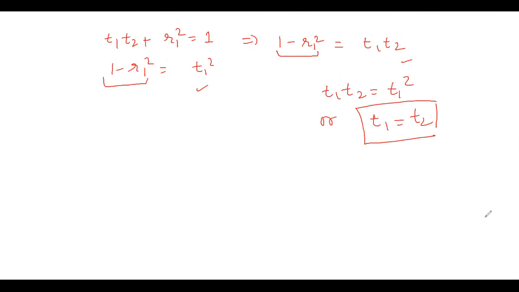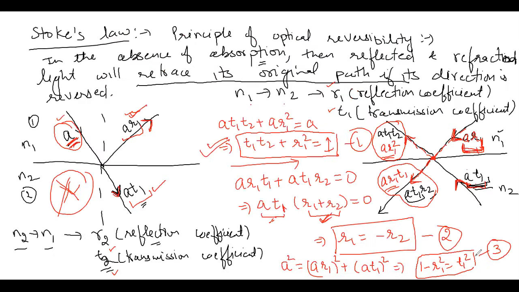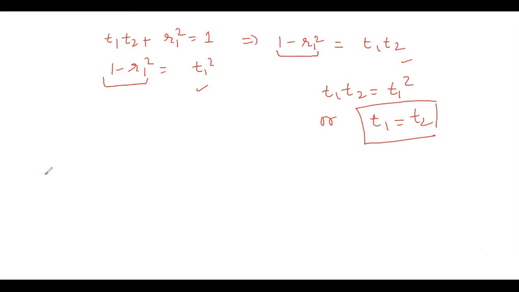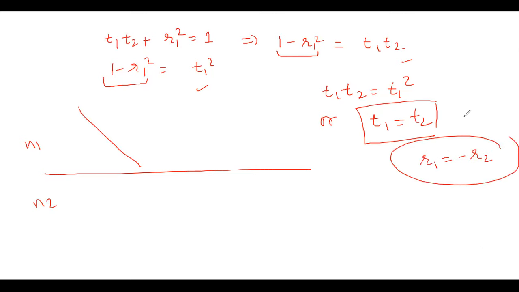Physically, what does this mean? This means that if you are going from, and let me draw a new picture here, from medium N1 to N2, and your R1 is equal to minus R2. Physically, this says that if you are going from medium 1 to 2, and let's say 20% light is reflected and 80% light is transmitted. If this is your incident light here.